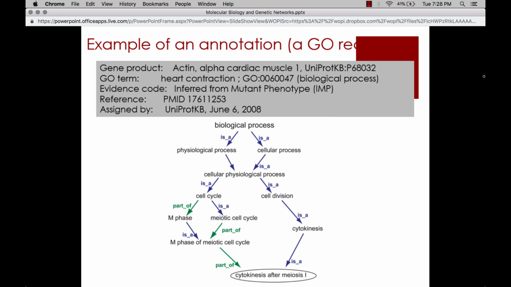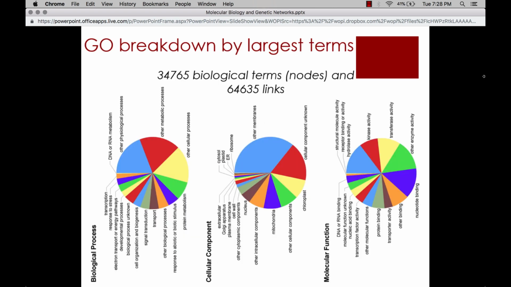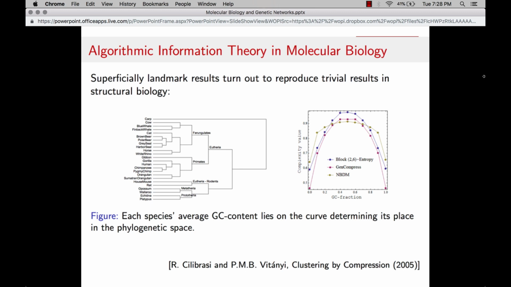But now that you know what a gene ontology is, let's get back to the application of algorithmic complexity to biology. A landmark paper in the area of application of algorithmic information theory to molecular biology and genetics is this one by Cilibrasi and Vitanyi, two very important researchers in the field of Kolmogorov complexity.